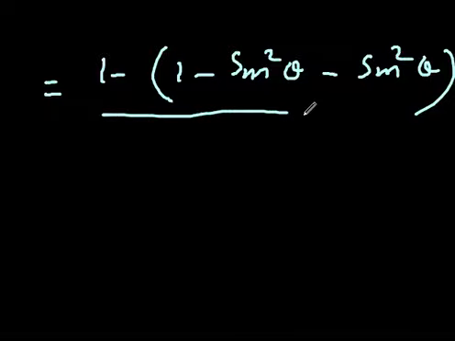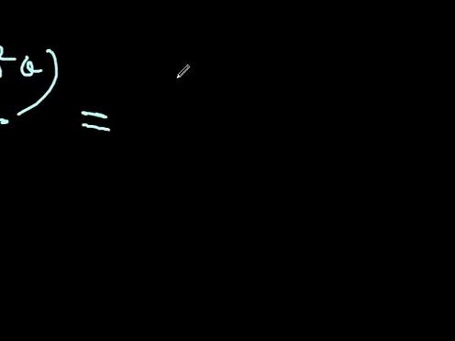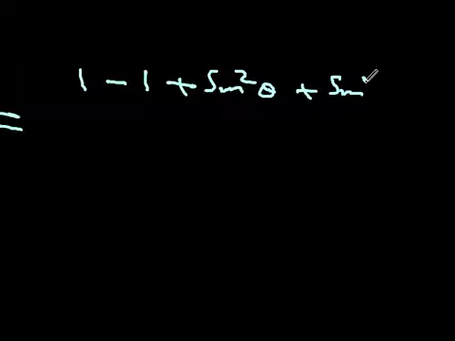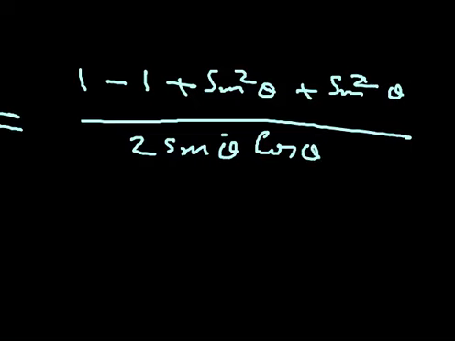Now that's still divided by 2 sine theta cos theta. I need to expand that bracket, so I've got a negative sign outside, which will change all the signs inside. So plus sine squared theta plus sine squared theta, divided by 2 sine of theta cos of theta.